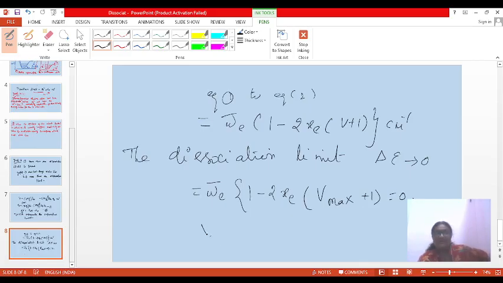Or we calculate the V max value as 1 by 2xe minus 1. Okay, this is the way we calculate the dissociation limit of this diatomic molecule.